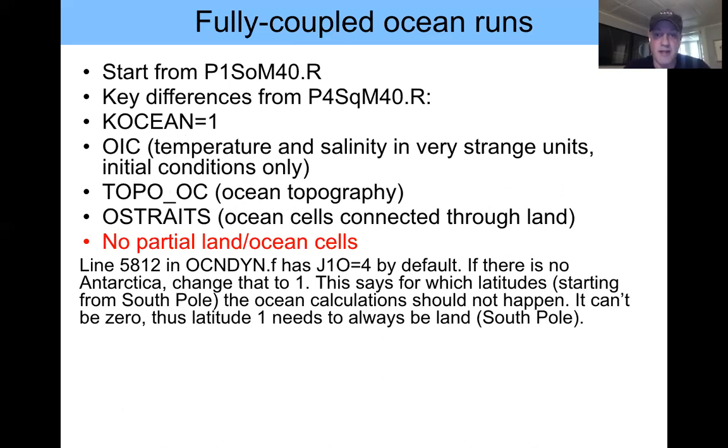So Mike and Kostas described these run decks before. The one starting with P1 is a run deck for the fully coupled model with a dynamic ocean, and the one starting with P4 is a run deck for the Q-flux ocean.